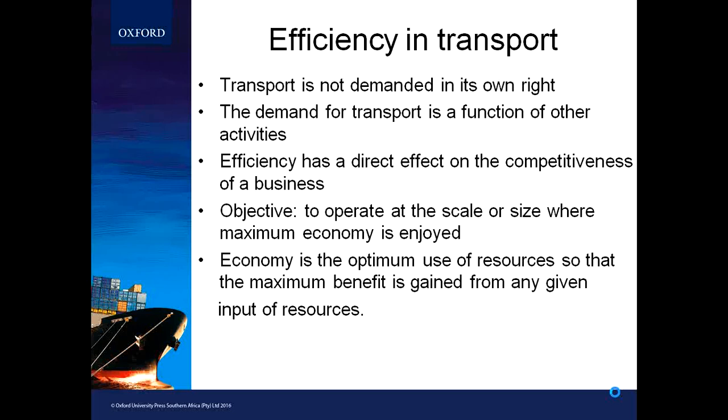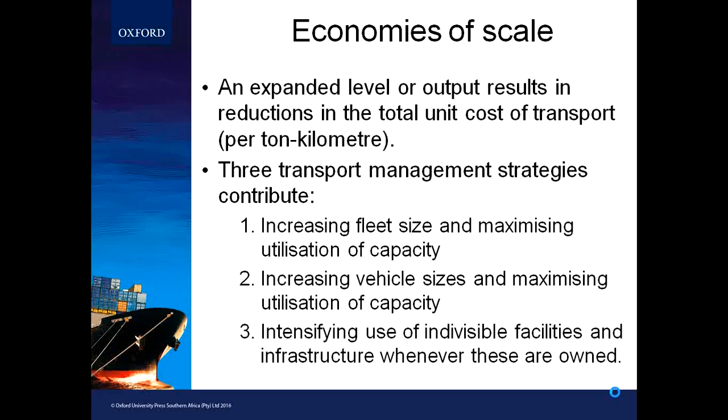So here, this is very clearly explained even in your textbooks. I don't need to go into economies of scale on page number 376. An expanded level of output results in a reduction in the total cost of transport per ton kilometer, remember that.